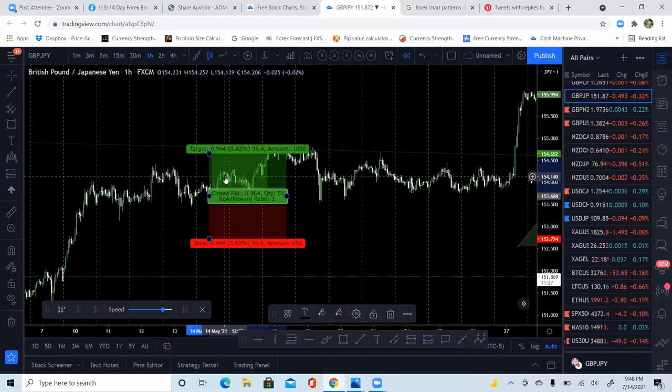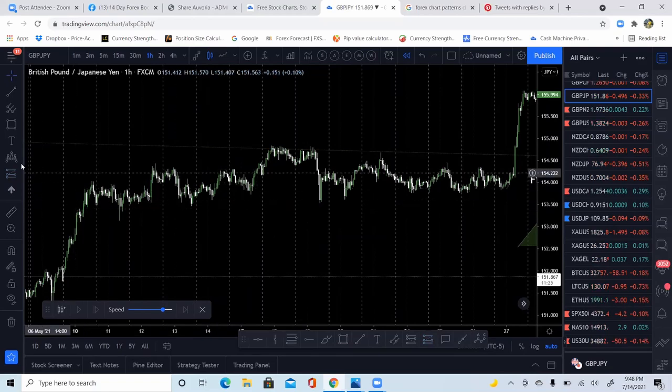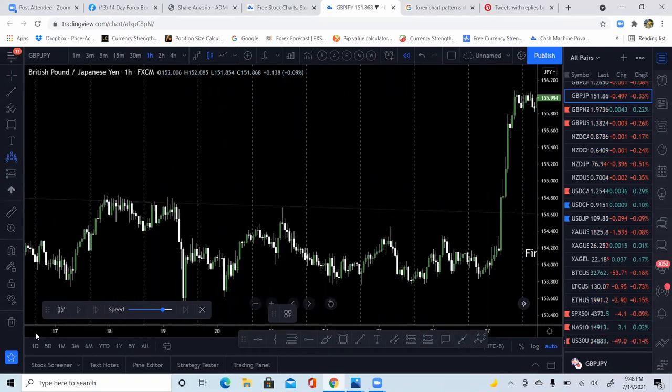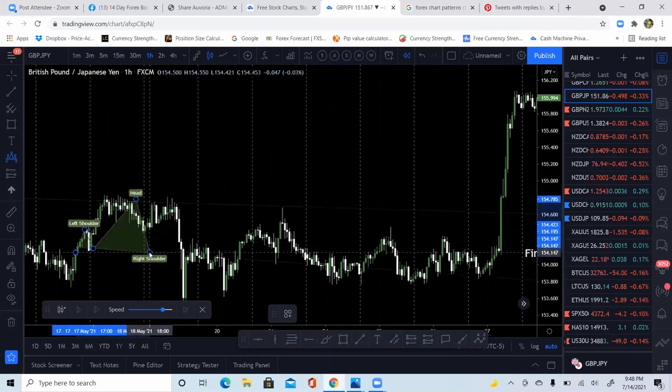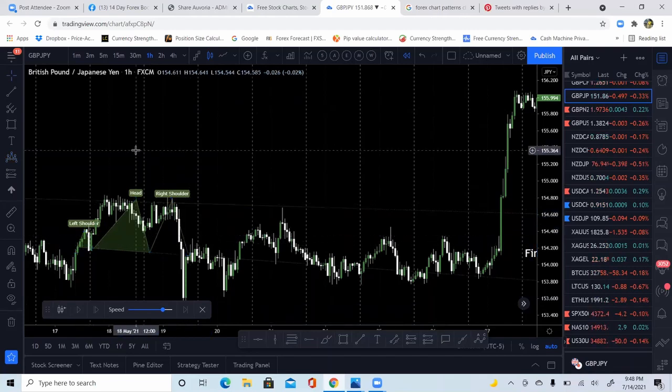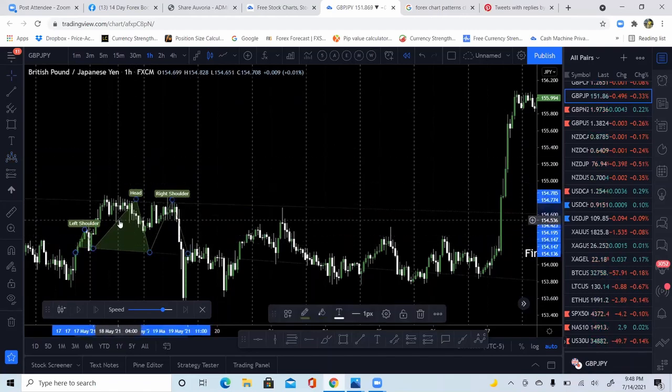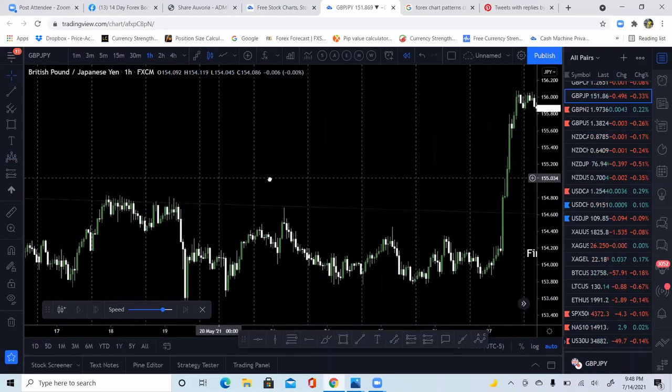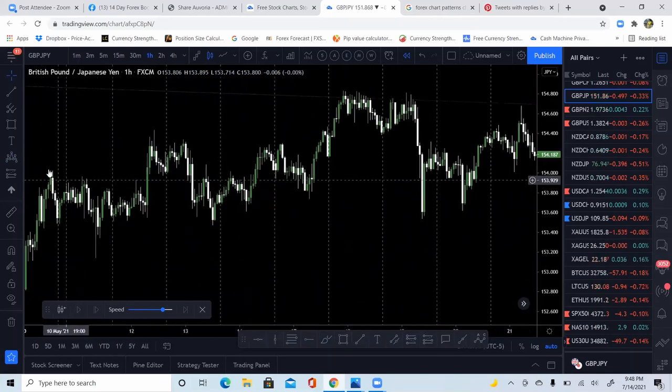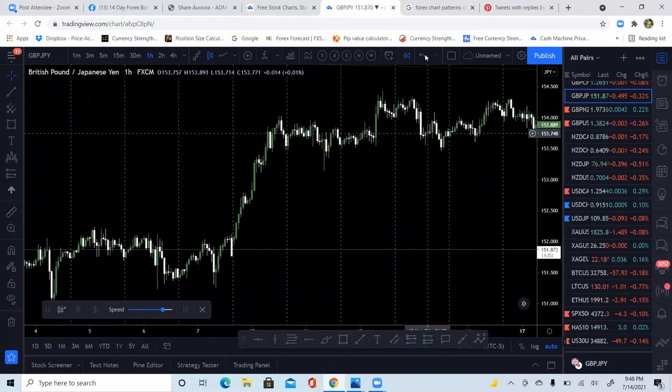You have a high, zoom back in, and followed by a lower high. The head and shoulders can get pretty ugly. That's why I don't trade it all the time. But you get the point.